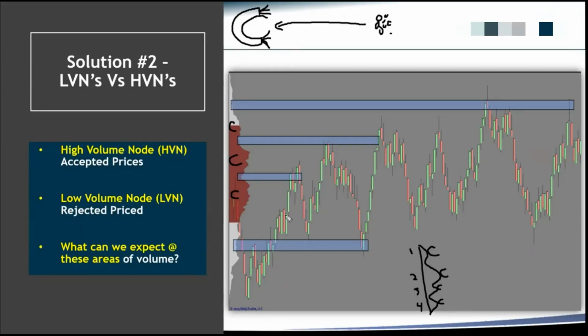So think about how often price traded in this range right here. Okay, so just look at how many times orders were liquidated here. Same thing here. Price was trading through here, okay?